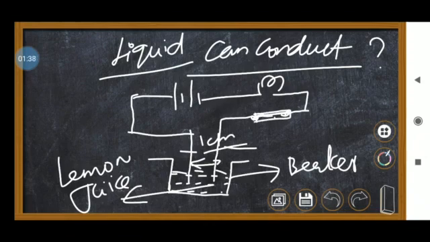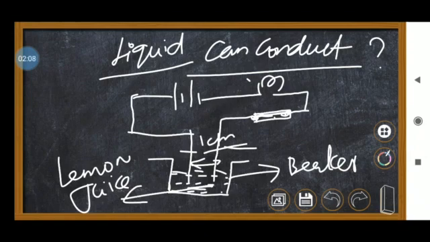Now if you switch it on, what will happen? Look at the power of the bulb, how it is glowing, whether it is glowing very brightly or a little bit dull. If it is very bright, it means there is a current, a movement of ions in between the two wires, because there is only a small gap.